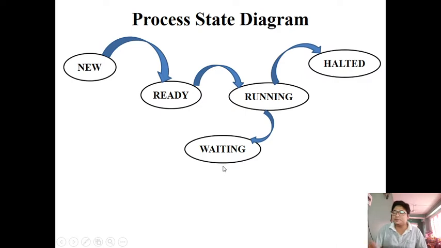Any process which is waiting for some input output resources will wait in the waiting state. Once the resource becomes available, the operating system will immediately allocate it to the process that is waiting in the waiting queue.